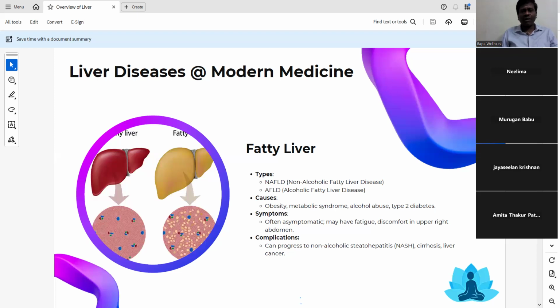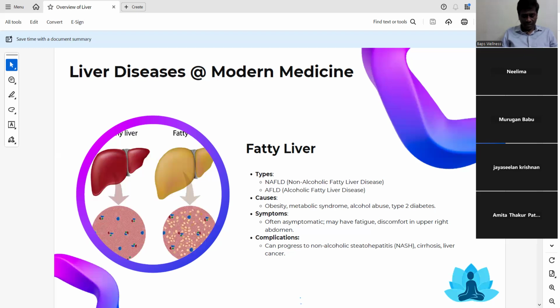In case of non-alcoholic fatty liver disease, the fat accumulation is there, but it is not caused by alcohol consumption. Those who are likely to have this condition are persons with type 2 diabetes, and then obesity.